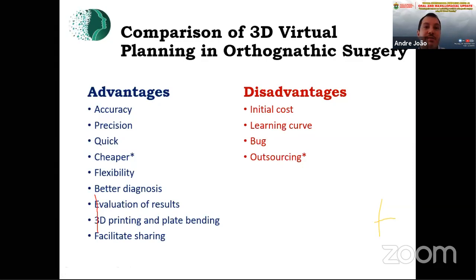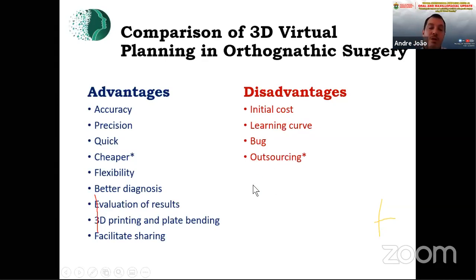I can't remember a case that I could plan from the beginning to the end without the software stopping working, and we need to save every single step, otherwise we're going to lose all our work. It's very common, and not only for orthognathic surgery. I'm also working now with other software for planning dental implants and guided surgery, and all of them have this bug.